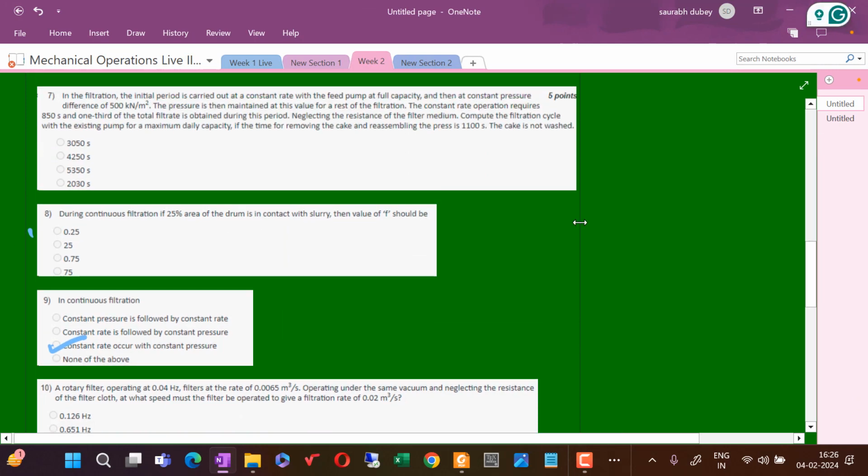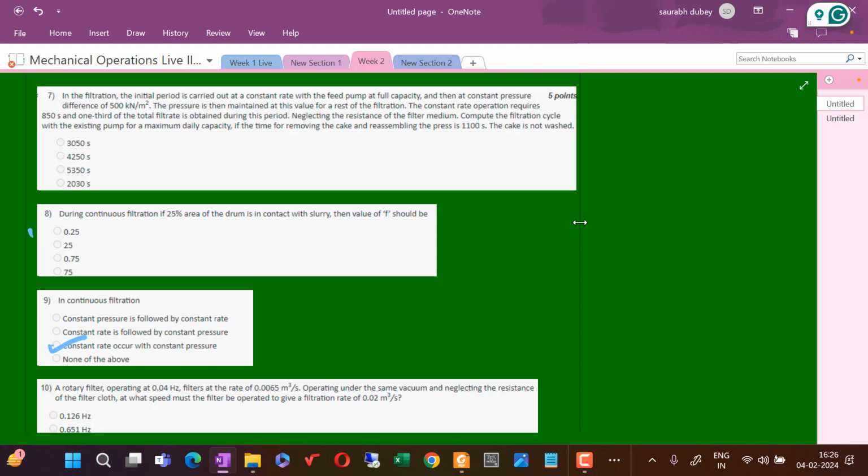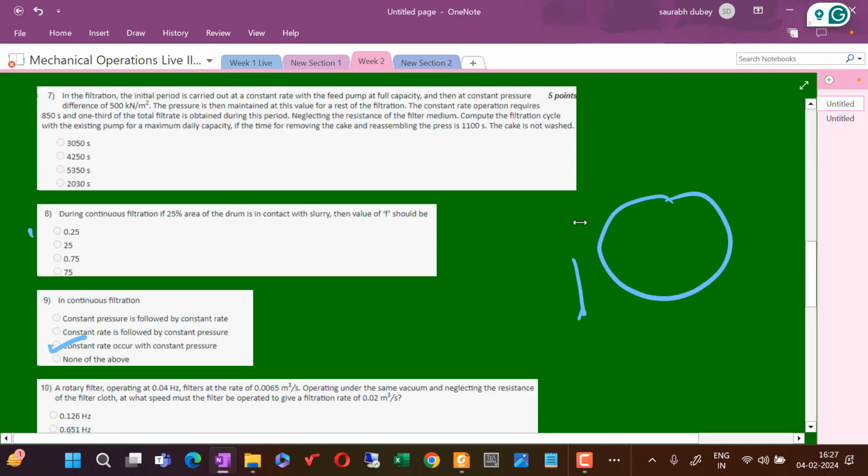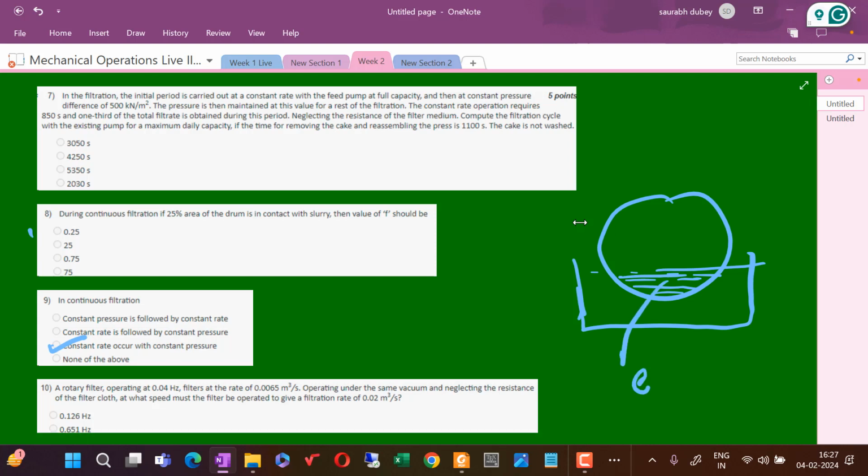During continuous filtration, if 25% of the area of the drum is in contact with the slurry, then the value of F should be? So if 20% is in the slurry, you see, this is the drum, this was the slurry.